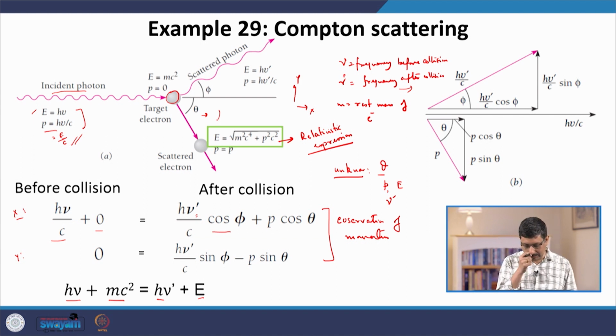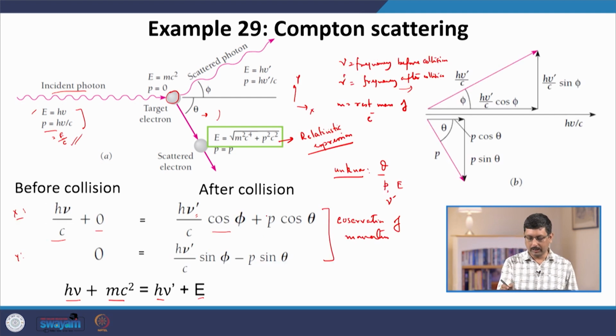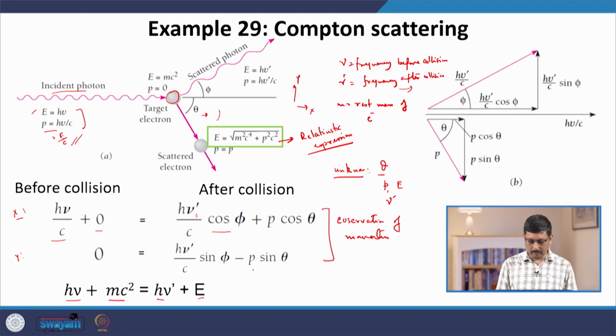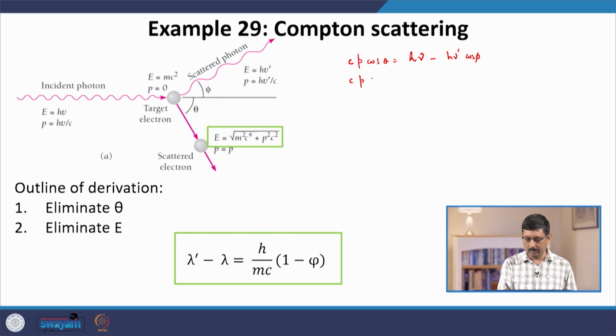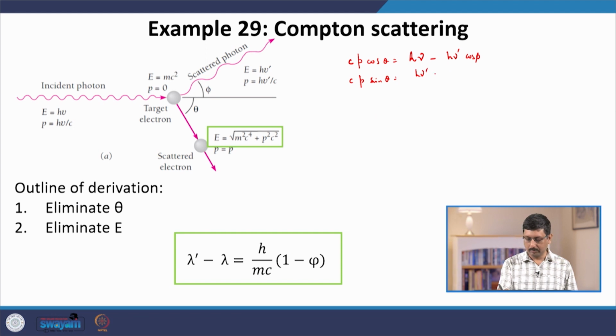In order to eliminate theta, let us say I take the first equation and multiply both sides by c. What we get is p c cos theta equal to h nu minus h nu prime cos phi, and on the other one, p c sin theta is equal to h nu prime sin phi.